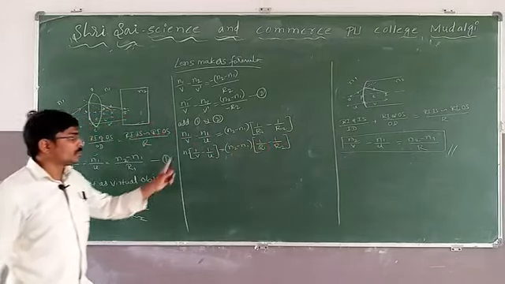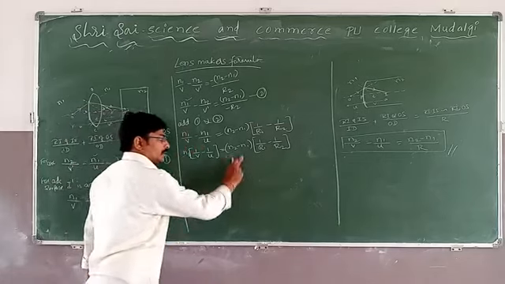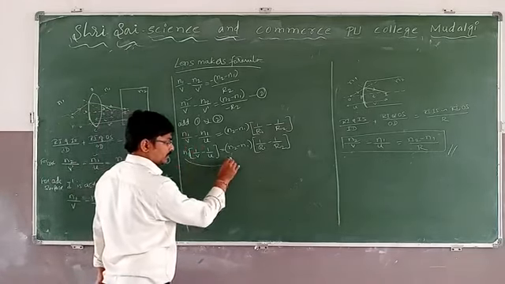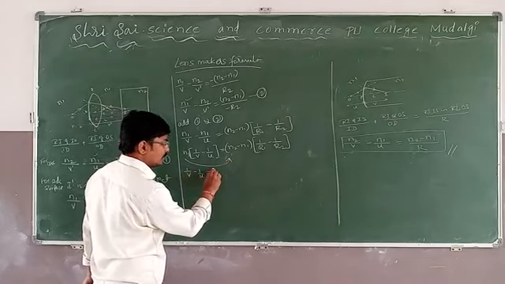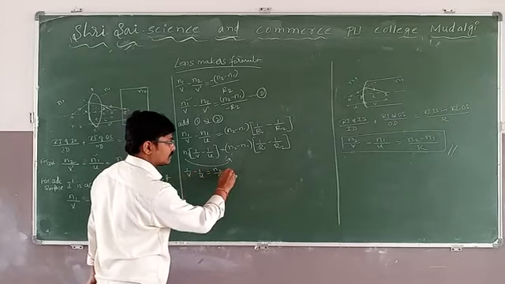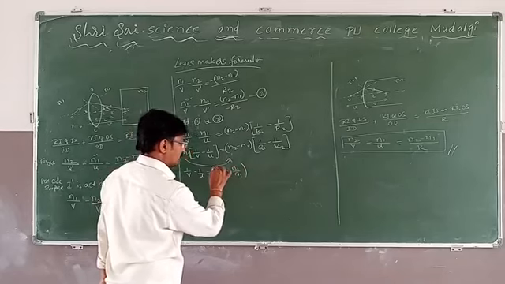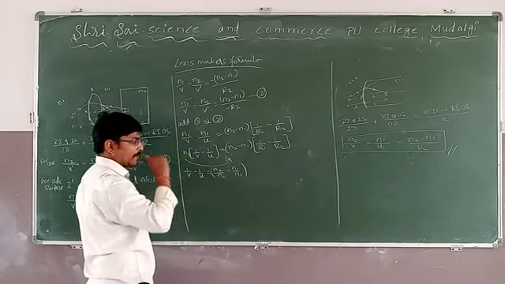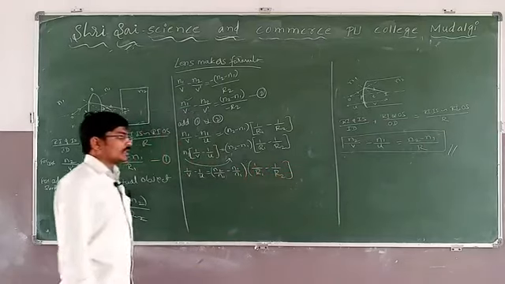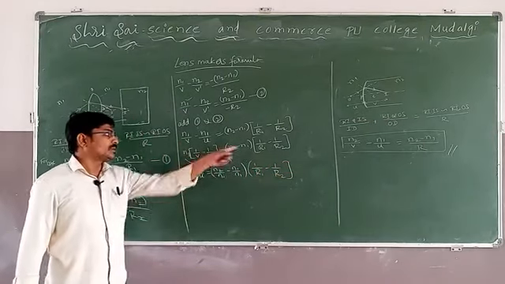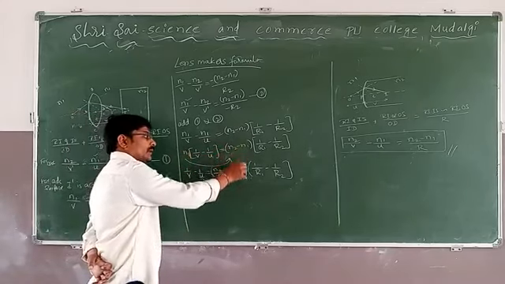Here n1 is common; I bring this n1 to this side. What happens? 1 by v minus 1 by u is equal to n2 by n1 minus n1 by n1, times 1 by r1 minus 1 by r2. What did I do? I brought this n1 to this side. When I brought n1 to this side, n2 by n1 and n1 by n1, the n1 by n1 cancels.